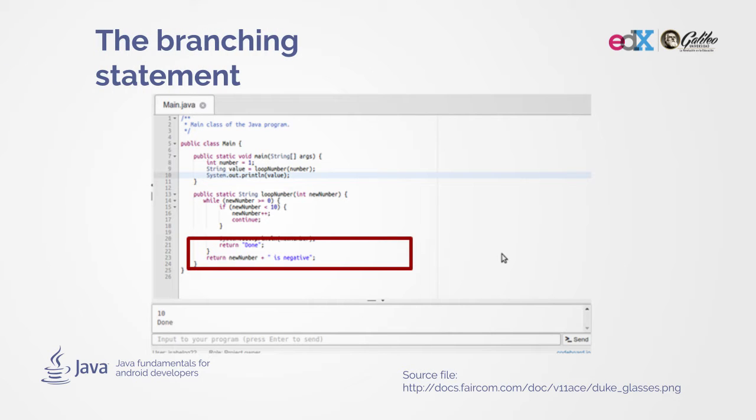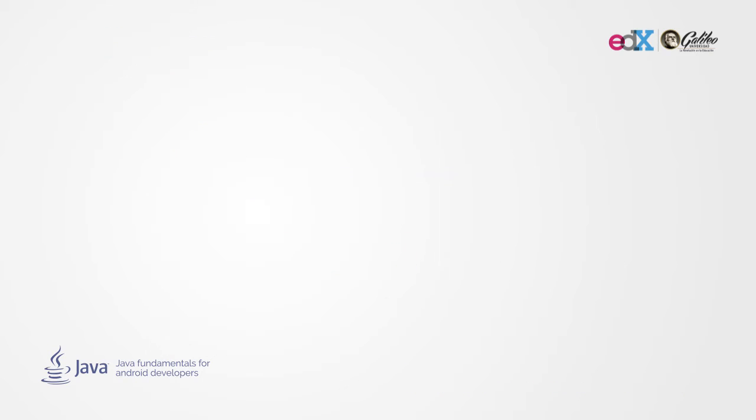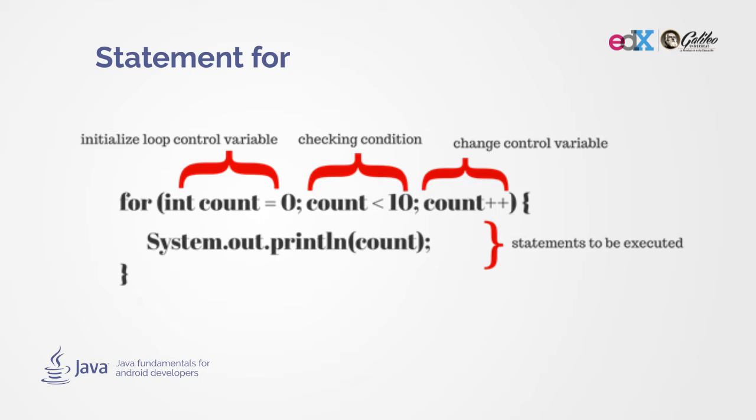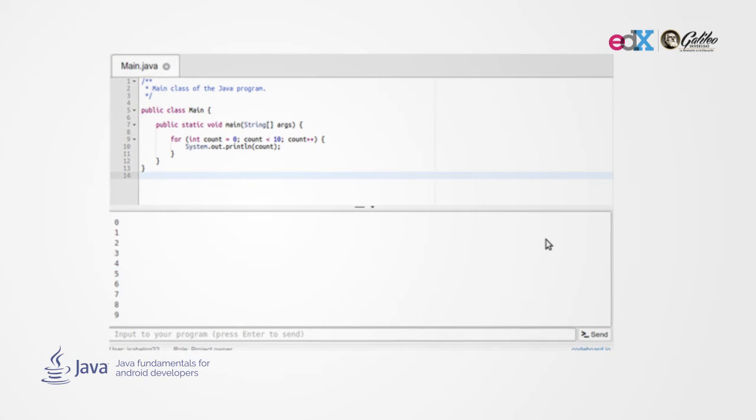For example, we have another control flow statement called the for statement. The for statement is a statement that we use to do a loop an exact number of times. For example, if you want to do a loop 10 times, you could start by declaring a variable with the value 0. You will use this variable in the condition section. The first time your code gets executed, your variable will have the value 0.